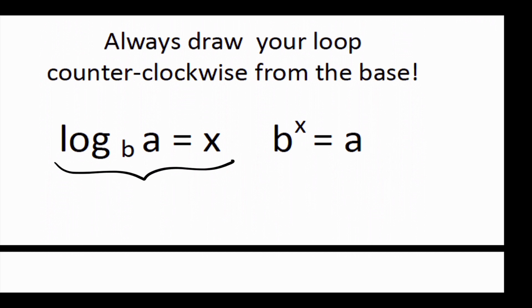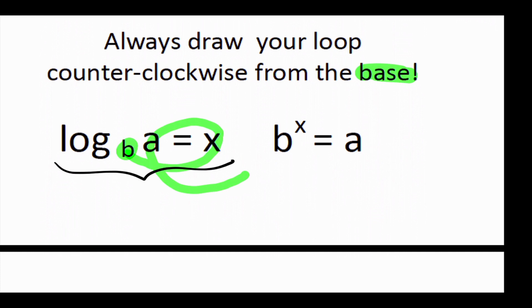Watch. Always start with the base. So the base is here. What we're going to do is we're going to use a little loop that creates an E for exponent because I'm changing it to exponent form. Right? So it's kind of a cursive E.